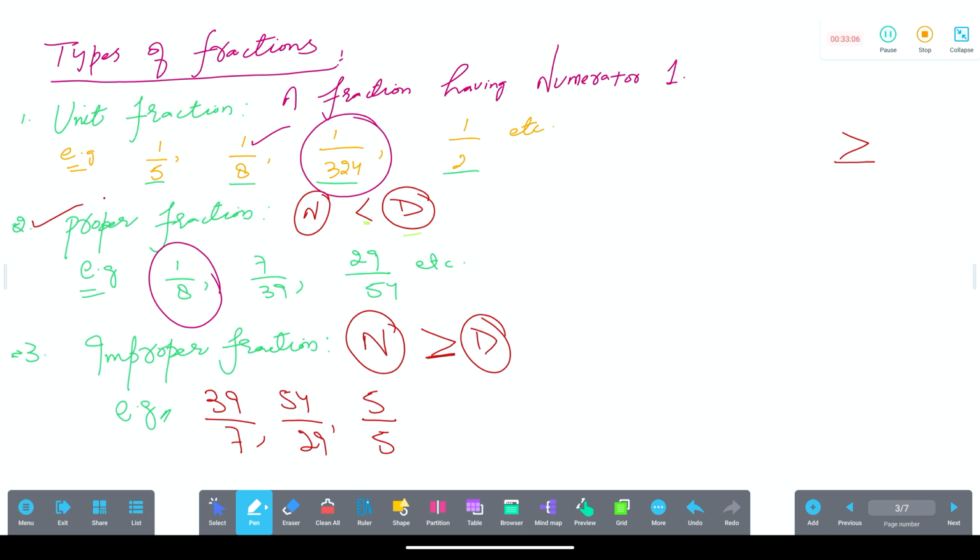If you have to define the improper fraction, you have to extend the definition of fraction a little. It means that if we look at 5 by 5, it is not a part. If something has been divided into 5 parts and all 5 parts have been taken into consideration, you are taking the whole. Sir, it is not a part, it is a whole, because 5 by 5 is equal to 1.